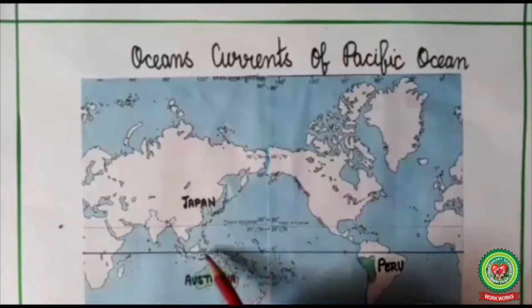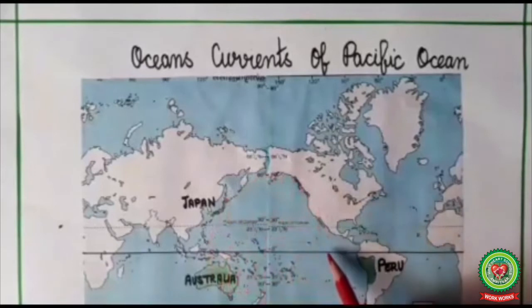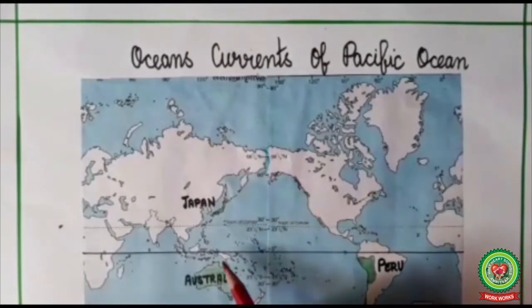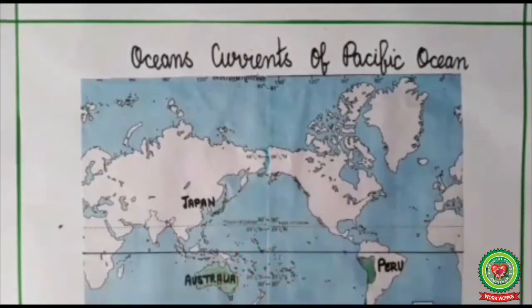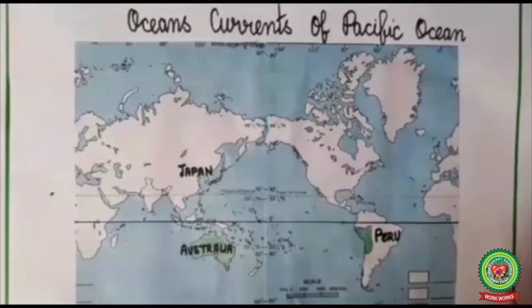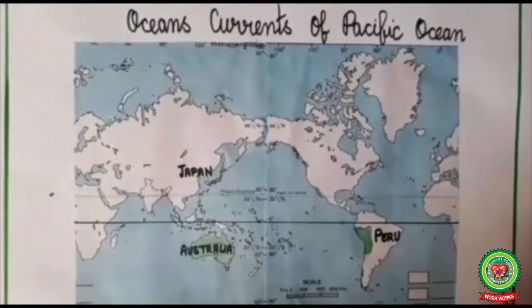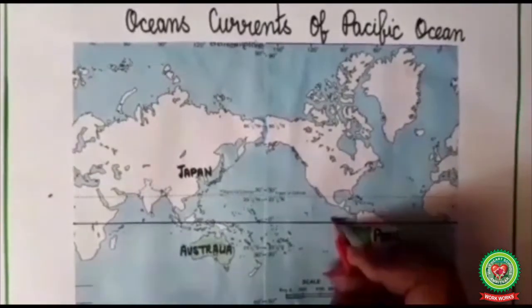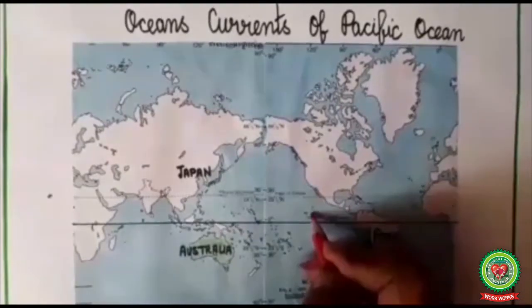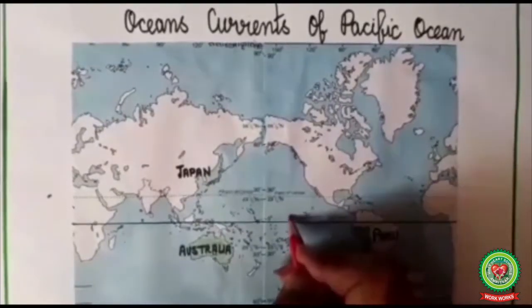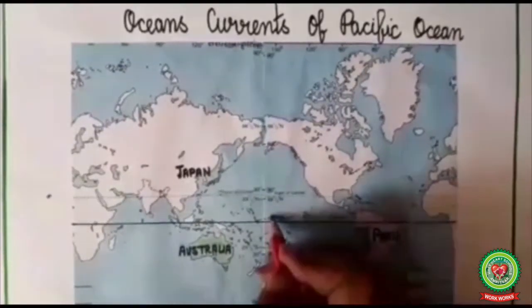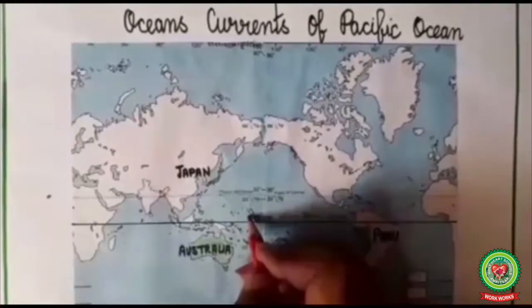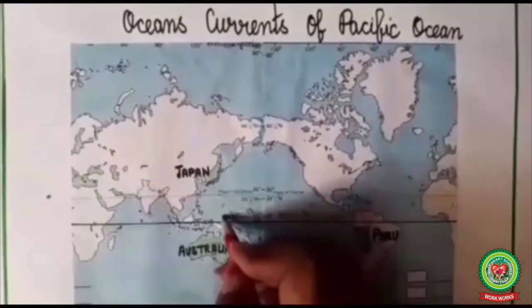This is the Pacific Ocean, the largest ocean of the world. The first ocean current of the Pacific Ocean is the North Equatorial Current that flows parallel to the equator from east to west.